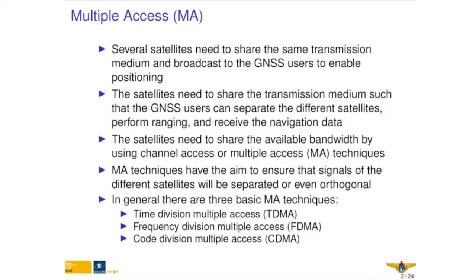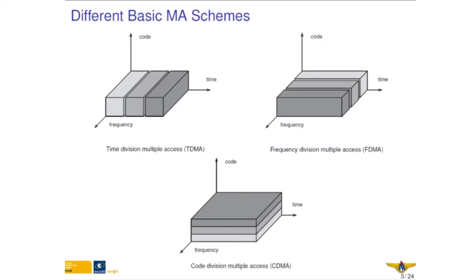In general, there are three basic MA techniques. Time division multiple access, TDMA, frequency division multiple access, FDMA, and code division multiple access, CDMA. Here's a schematic of these three basic techniques.